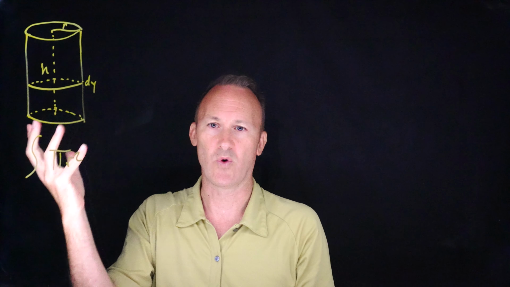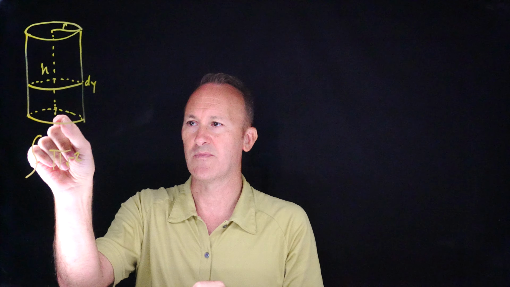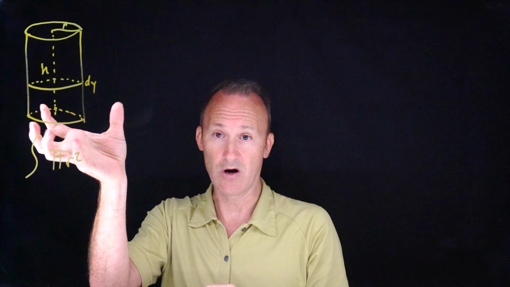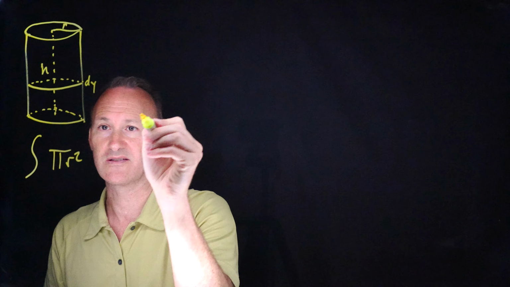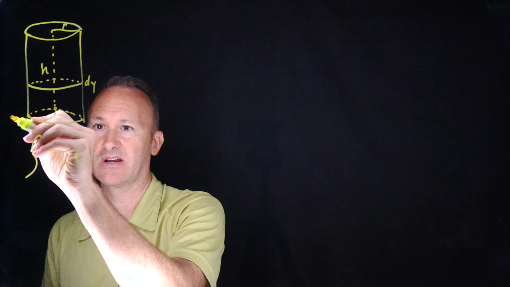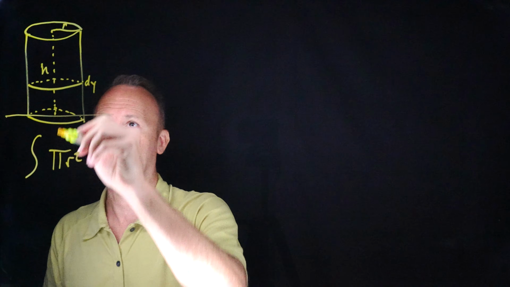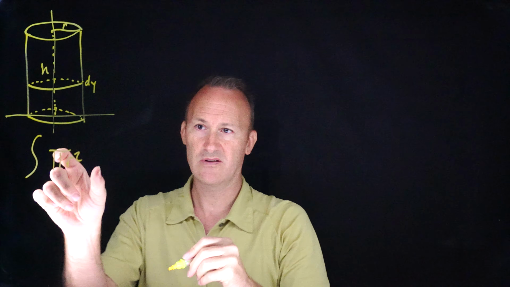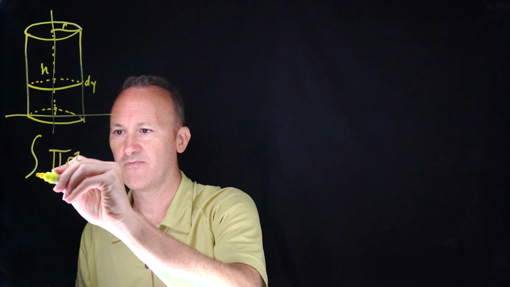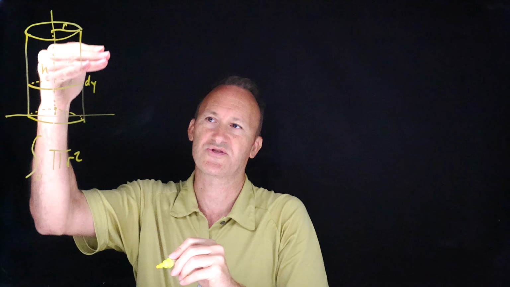And we're summing them from what to what? We're summing them from 0. If we imagine this is our x-axis and this is our y-axis, it starts at 0, and the circles stack all the way up to height h.